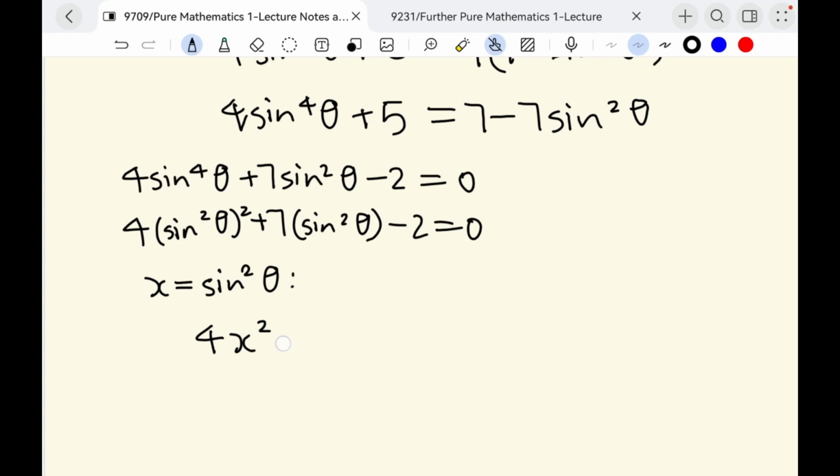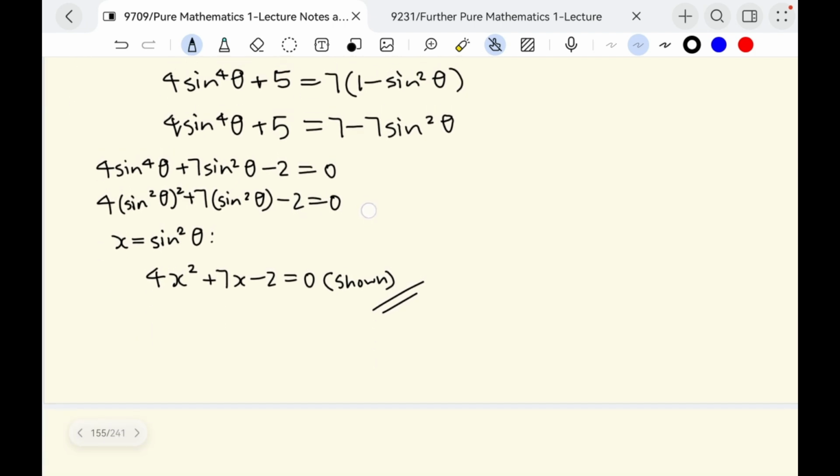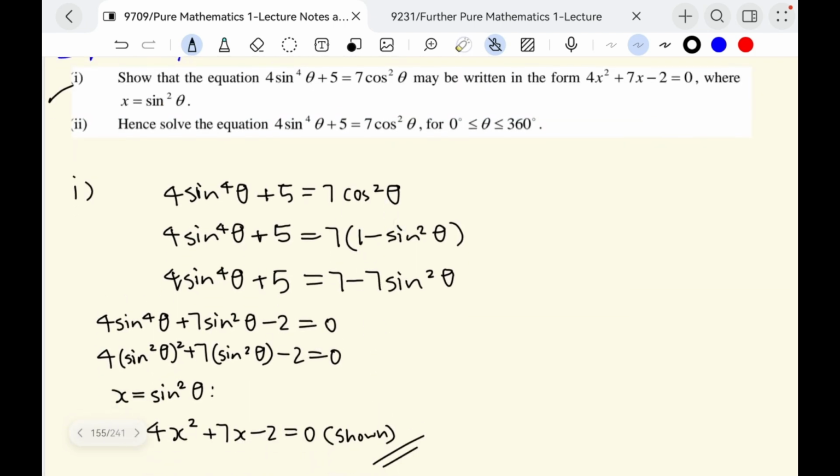So you have 4x squared plus 7x minus 2 equals 0. Therefore, shown. So up to here, you have successfully proved that the equation can be modified into the form of a quadratic equation equal to 0, where the x you have substituted is sine squared theta.